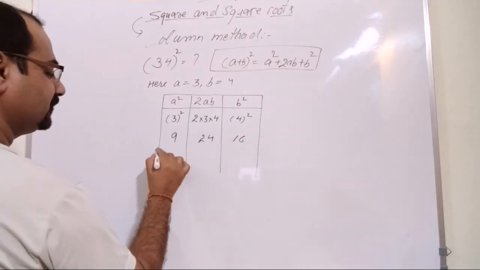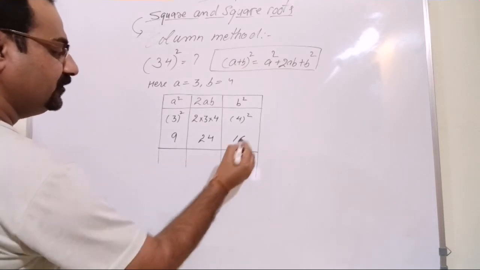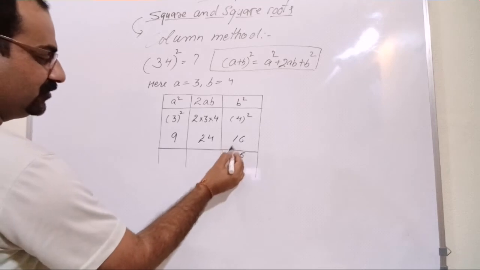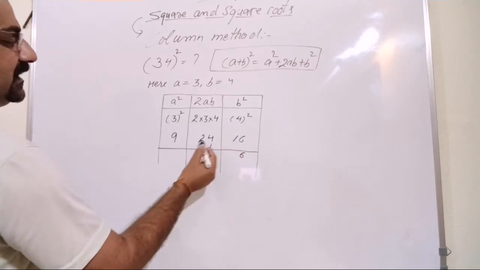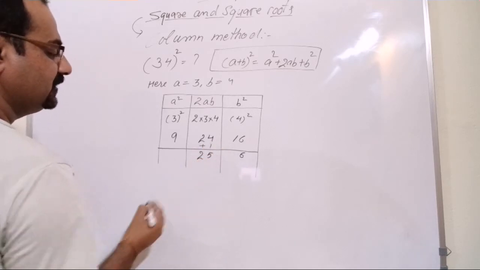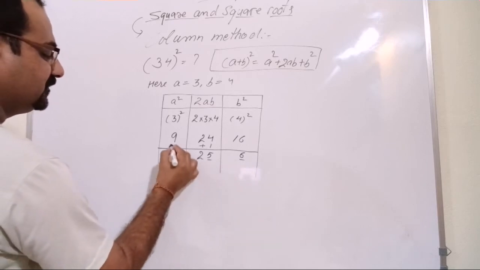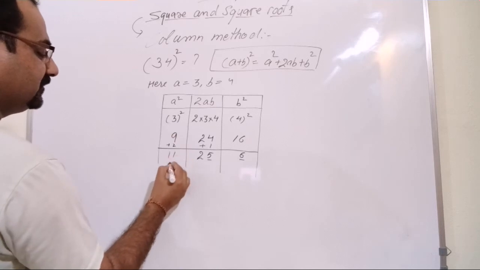So now you have to write the answer. So first 6, and 1 goes to the next, this is plus 1, then this will become 25, then you will take 5 as your answer and the 2 goes toward the next, plus 2, 9 plus 2 is 11, right?